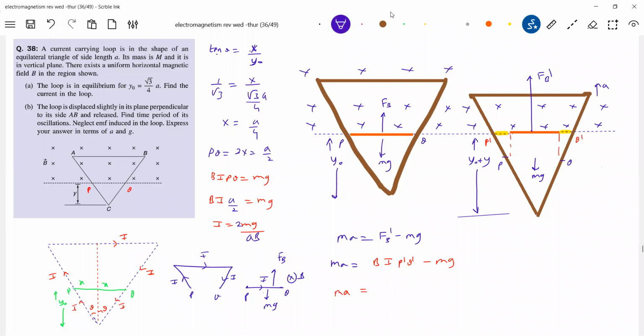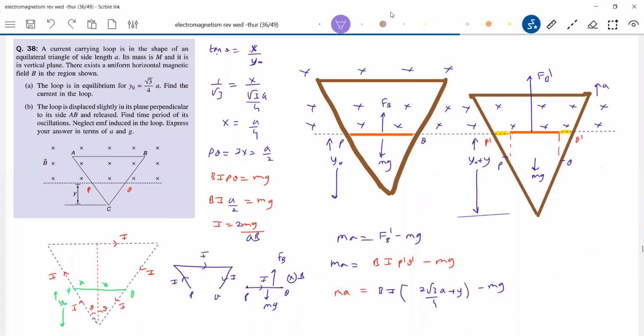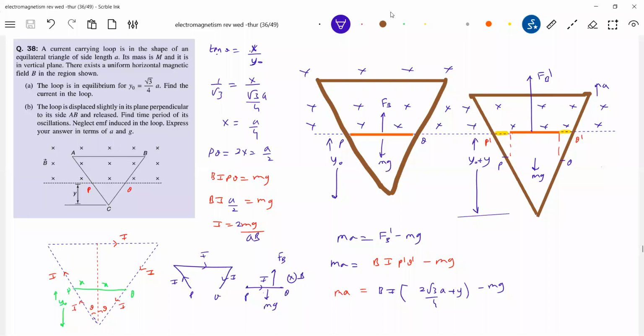I'll proceed with the mathematics. So let me adjust here only. It will be BI, so this P'Q' is root 3 by 4 A plus Y. This is what that one, no?